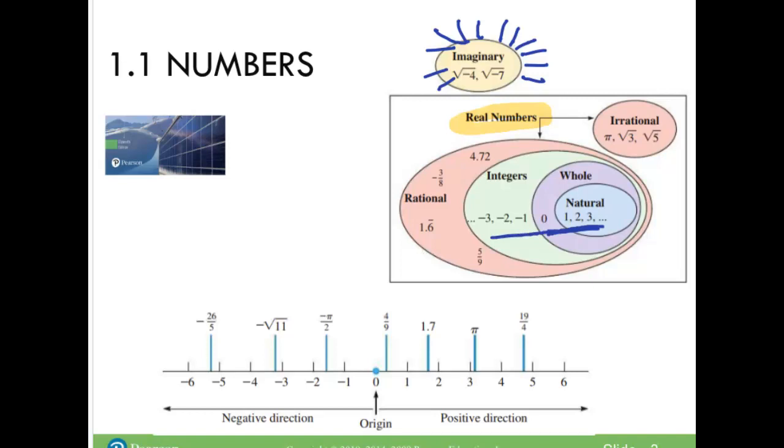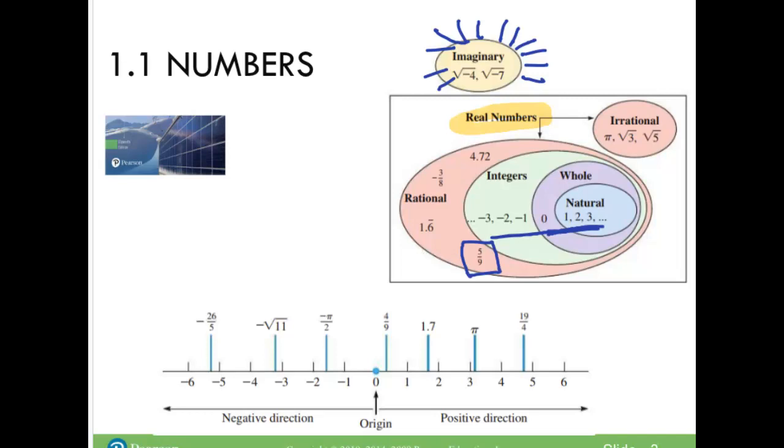Now, within the real number set, we have two major categories, rational and irrational. And rational is just simply a ratio of two integers, like a fraction of two integers. So something like 5/9, that's pretty easy to see that that's a rational number. You can write it as a ratio of two integers.